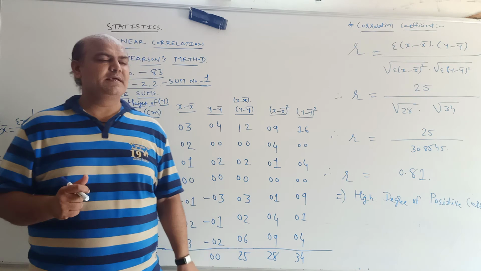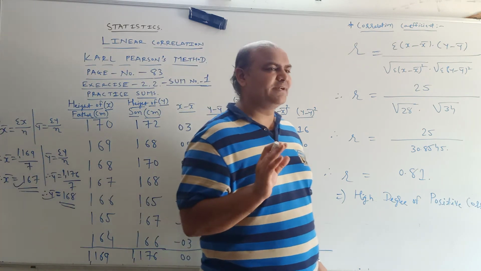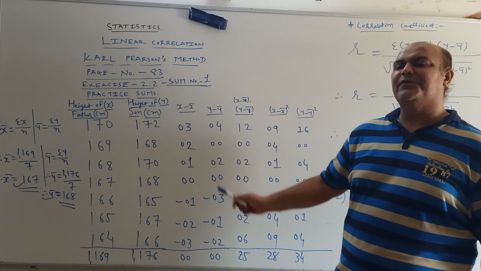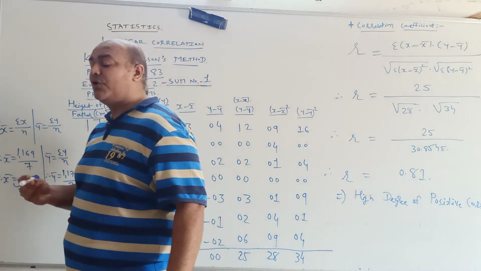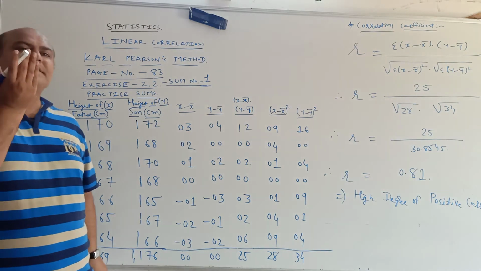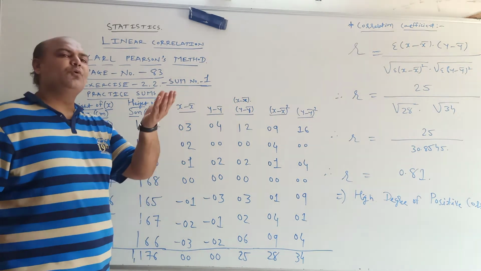So we can say that there is a high degree of positive correlation between the height of the father and the height of the son. It means the practical implication of this is that when the height of the father is more, similarly the height of the son is also more.